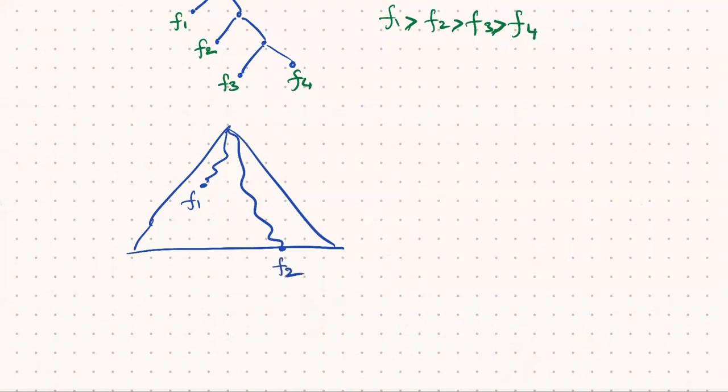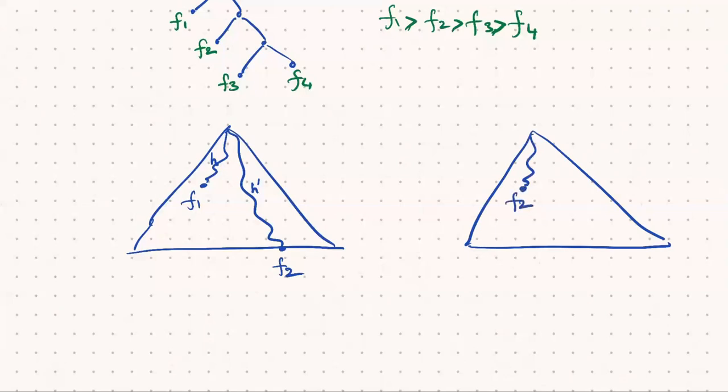Let's say this has height H and this has height H dash. Now in this tree, we just swap the positions of these 2 symbols. We keep everything else the same. So now we have the symbol with frequency F2 at the position with height H, and down here we have the symbol F1 with height H dash.